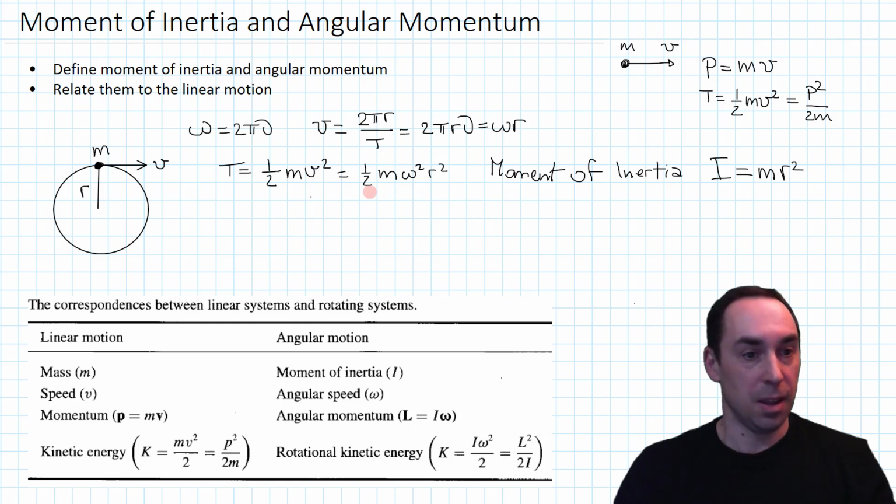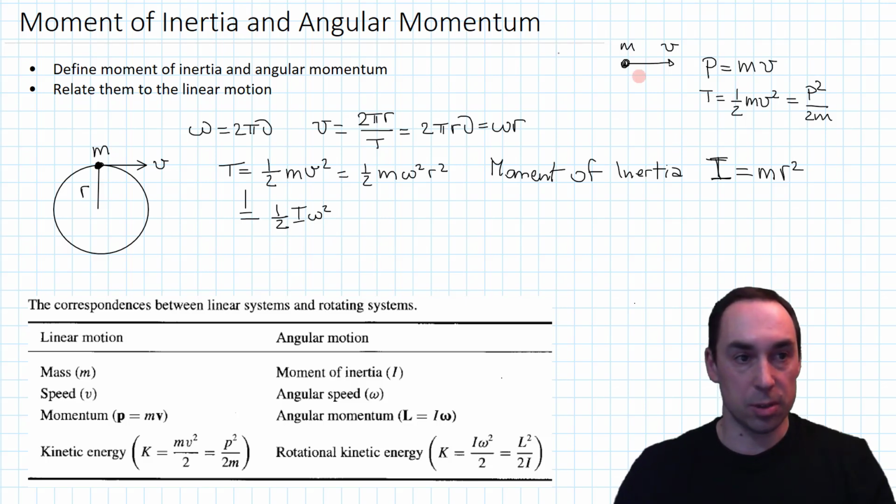It's physics. So now, having just introduced the moment of inertia, we can substitute that into this equation and figure out that the kinetic energy is just 1/2 I omega squared. And now we can start drawing the first parallels between the linear motion and the angular motion.